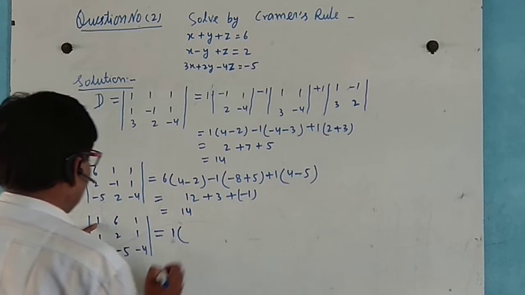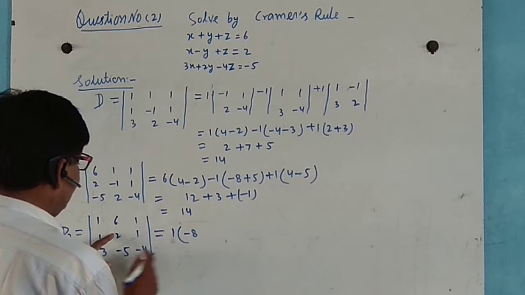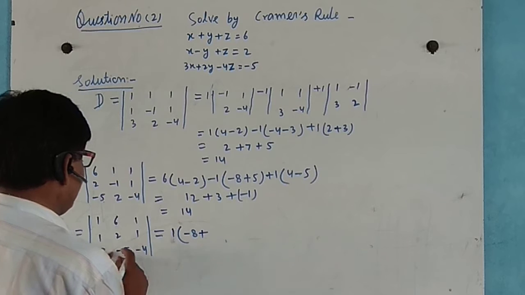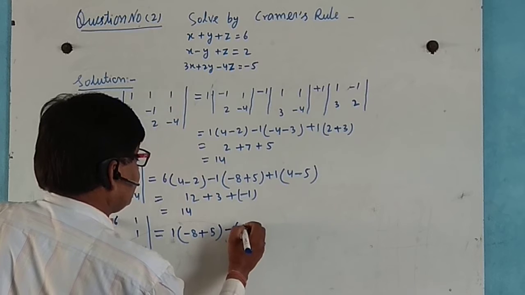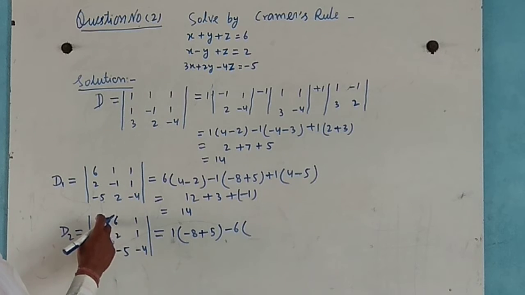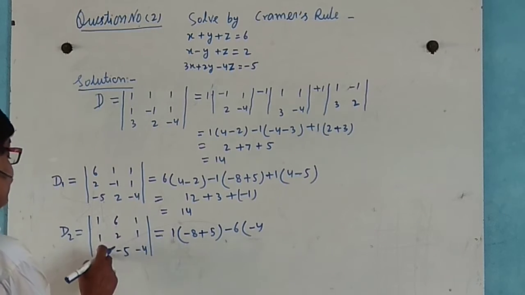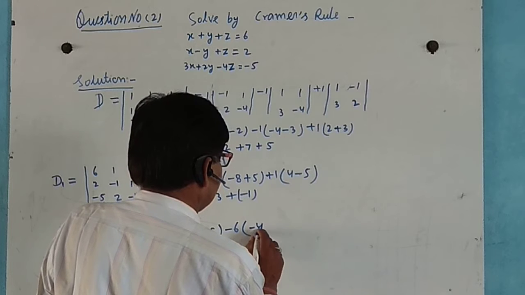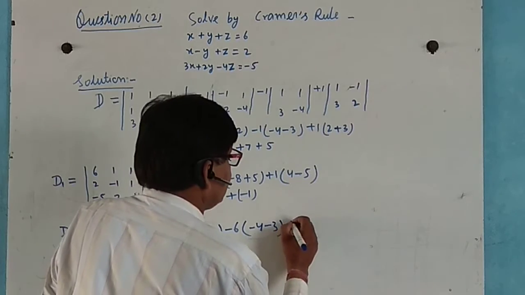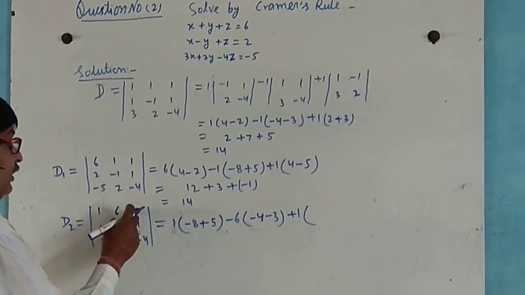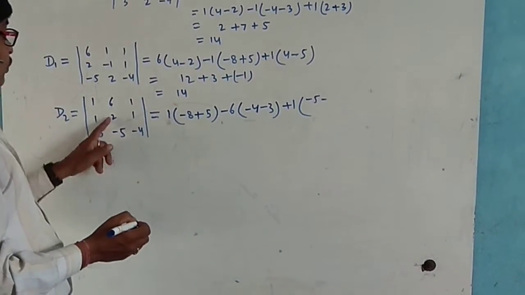Deleting its row and column, 4 times 2 is 8, minus 8, and minus 5 times 1 is 5, plus minus 6 times 4 minus 4 and minus 3 times 1 is 3, plus minus plus 1 times 5 minus 5 and minus 3 times 2 is 6.